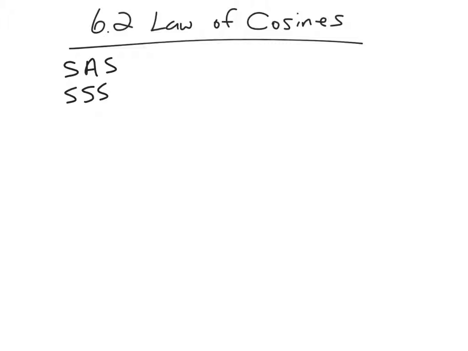So the law of cosines is kind of a combo of the Pythagorean theorem with a little trick.